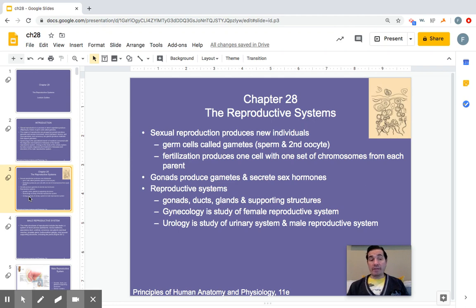But that is at a much lower quantity, which is one of the reasons why we get both our male and our female characteristics. Now, what is a secondary sex characteristic that's produced by those hormones?